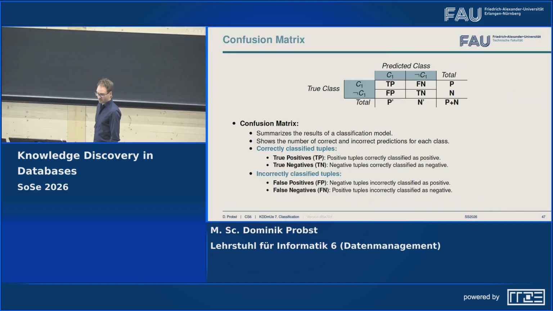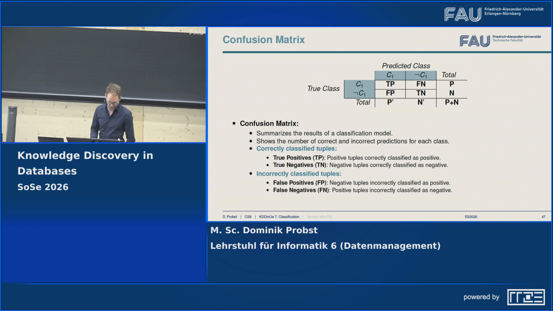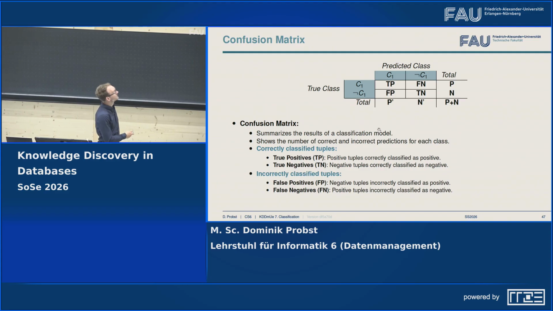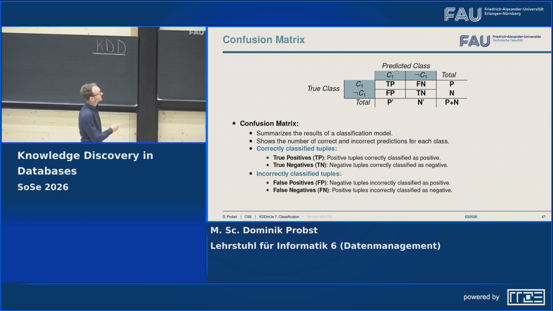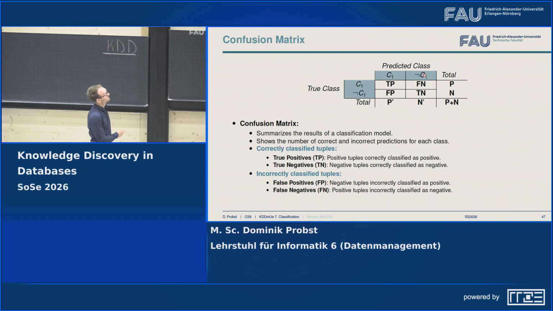We can, of course, take a look at a confusion matrix to do that. In this confusion matrix, we have the different classes drawn against each other. Specifically, we have the one class and all other classes.